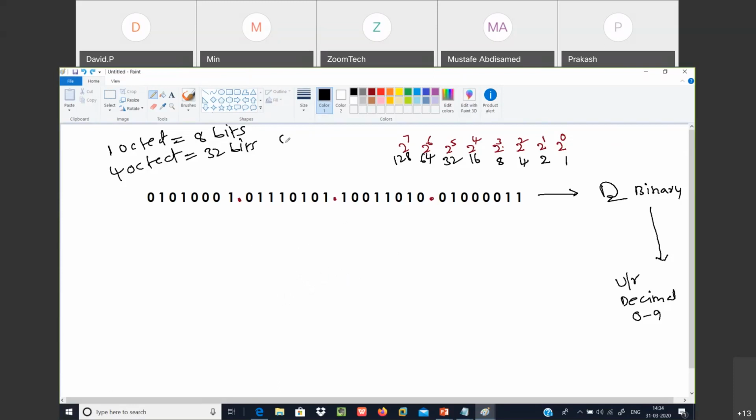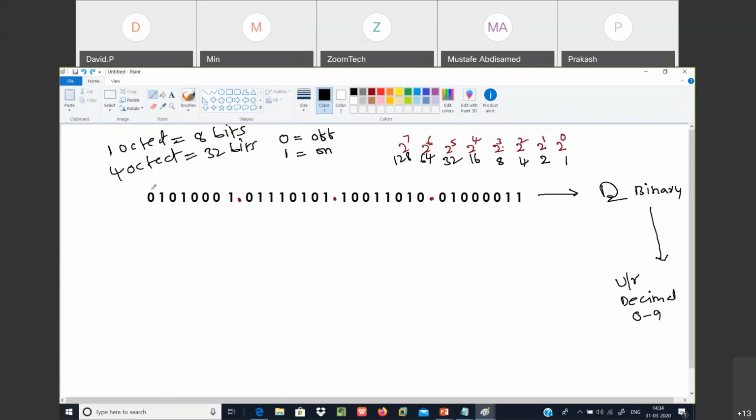Now 0s and 1s, it's binary, right? IPv4 is a combination of 0s and 1s. 0 indicates your bit is off. 1 indicates your bit is on. I repeat once again: 0 indicates the bit is off, and 1 indicates the bit is on.